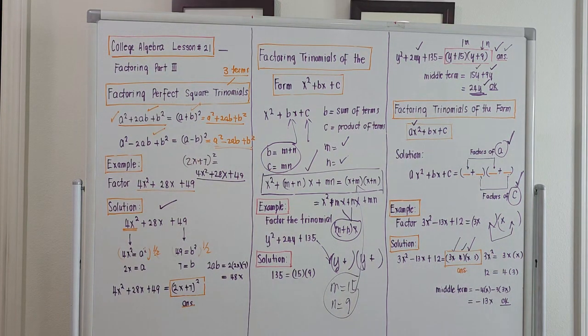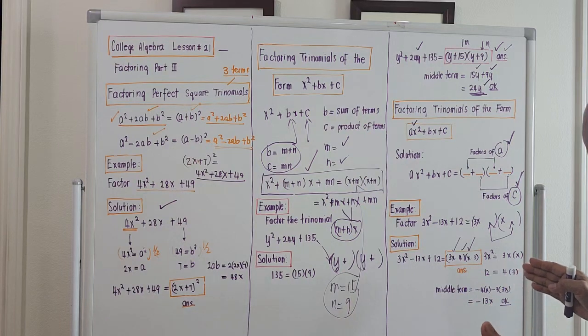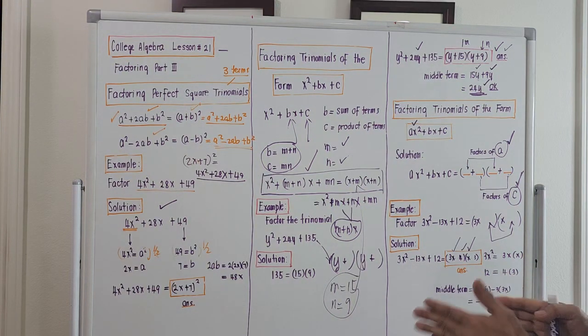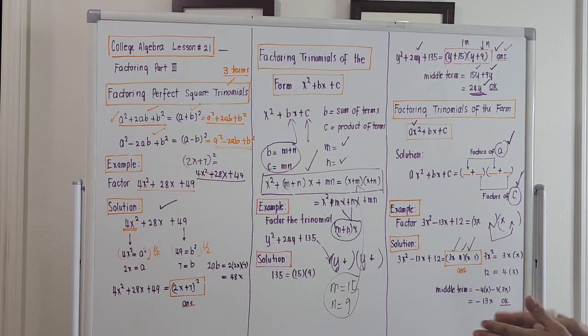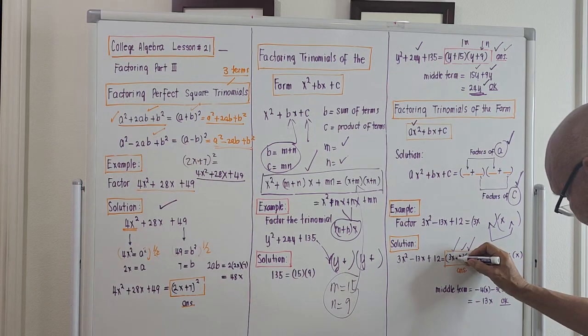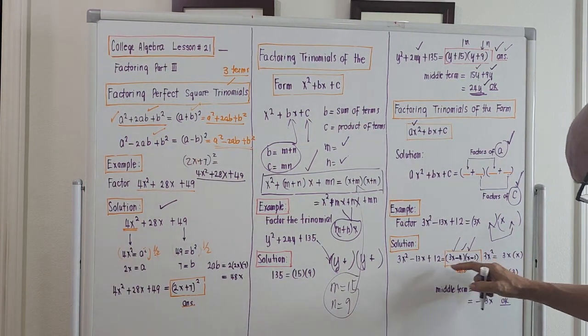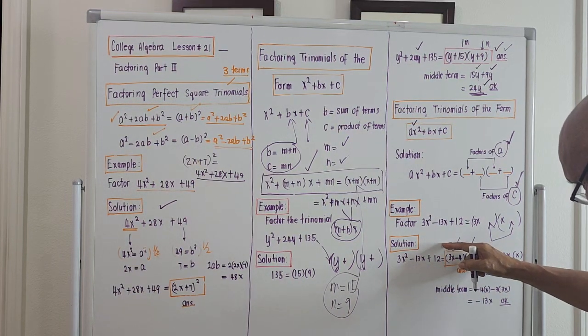Then if we try to place the proper signs, this is plus 12, right? So for it to be plus 12, they are either both plus or both minus. But since the sign of the middle term is negative, of course, the signs here will both be negative, because a negative and a negative will be positive 12, right?